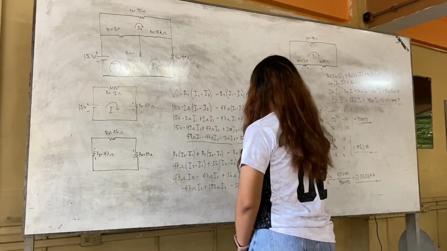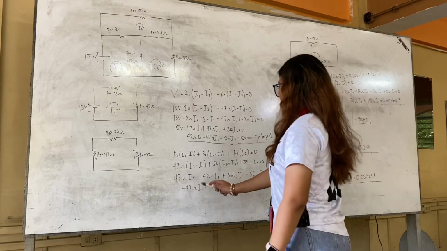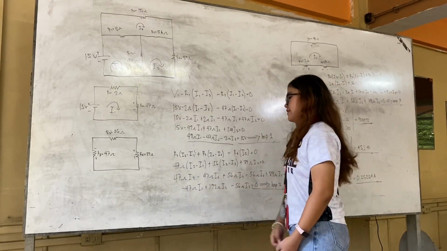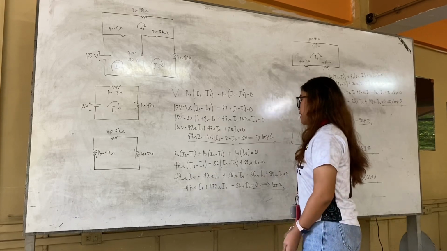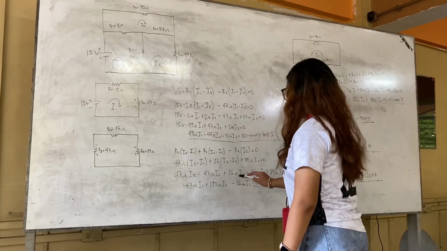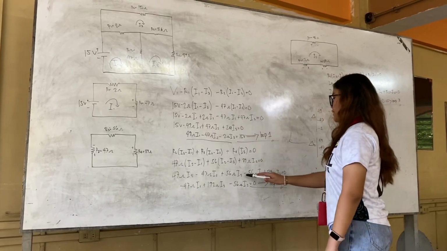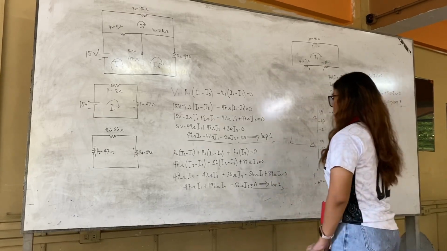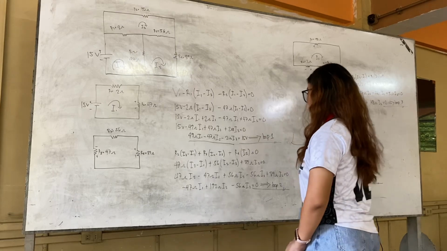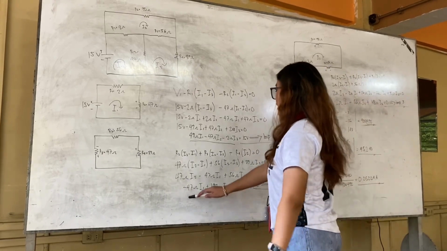So we're going to distribute the 47 ohms. So 47 ohms I2 minus 47 ohms I1 plus 56 ohms I2 minus 56 ohms I3 plus 89 ohms I2. And we're going to add the same terms.